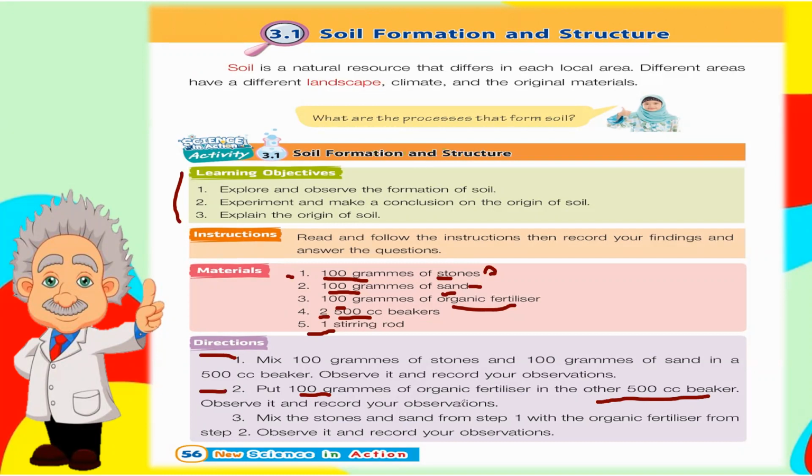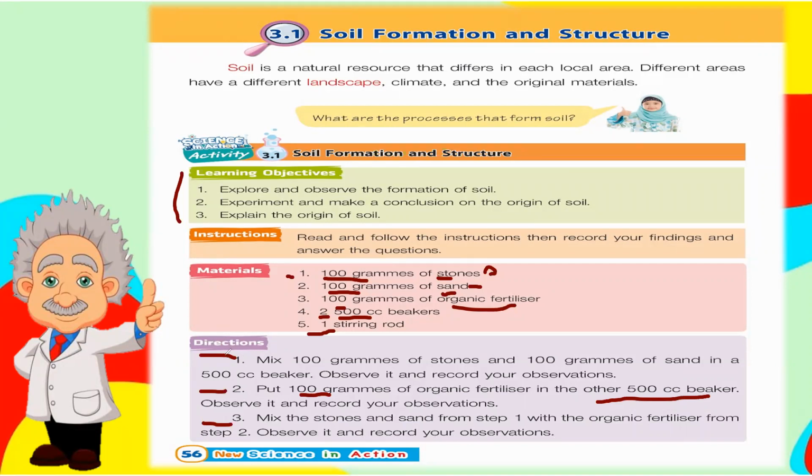All right, students. Now, third direction. What we have to do: mix the stones and sand from step 1 with the organic fertilizer from step 2. Observe it and record your observation.